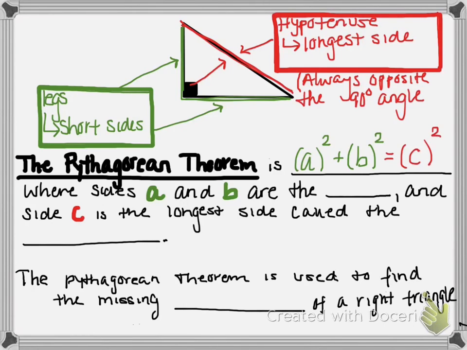So a and b are your legs, those are the shorter sides, and c is always your longest side, the hypotenuse. So that's what we're going to fill in the blanks below. Where a and b are the legs, always your shorter two sides, and c is going to be your hypotenuse, or the longer one side.